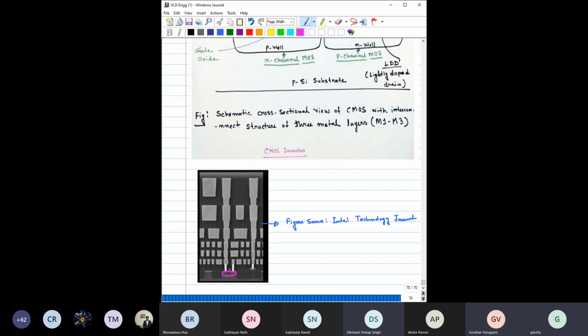So this is not a schematic diagram. This is an actual view, right? How does it look? You can see, compared to the width of the total structure, not the width but the thickness or the height of all this structure, the height of this device is too small, right? Too small.